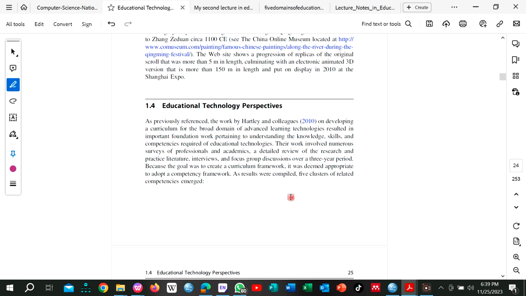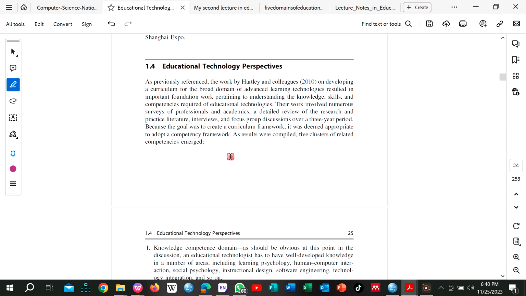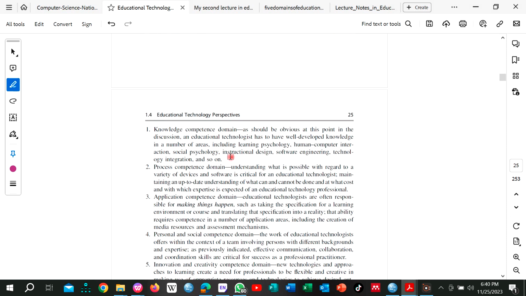So the process is like your skills. What skills do you have as far as technology is concerned? Then the next we have the application competence domain.